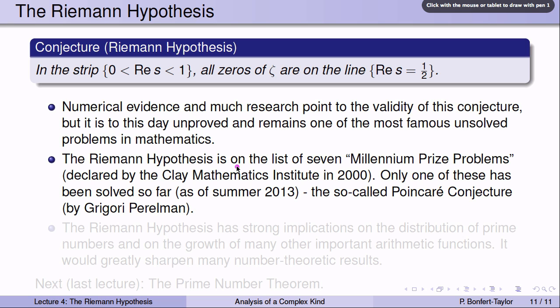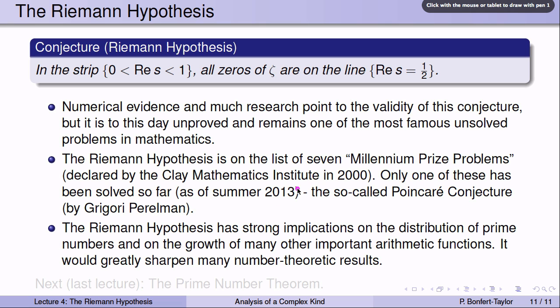In fact, the Riemann hypothesis is on the list of 7 Millennium Prize problems declared by the Clay Math Institute in 2000. Only one of those 7 problems has been solved so far, as of summer 2013. That's the so-called Poincaré conjecture, which was solved by Gregory Perelman.